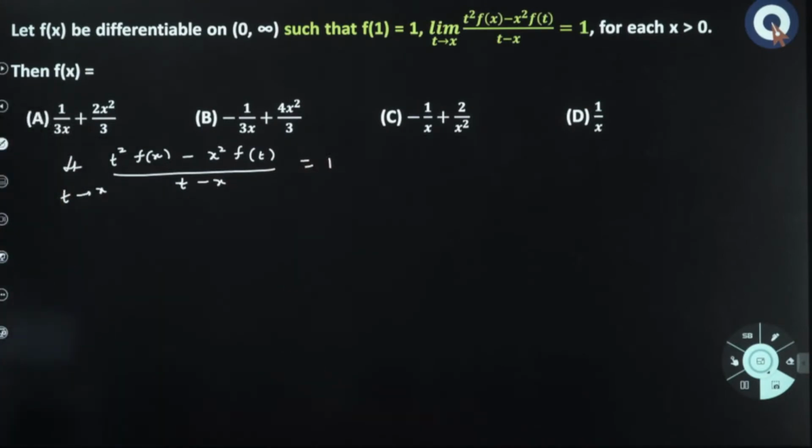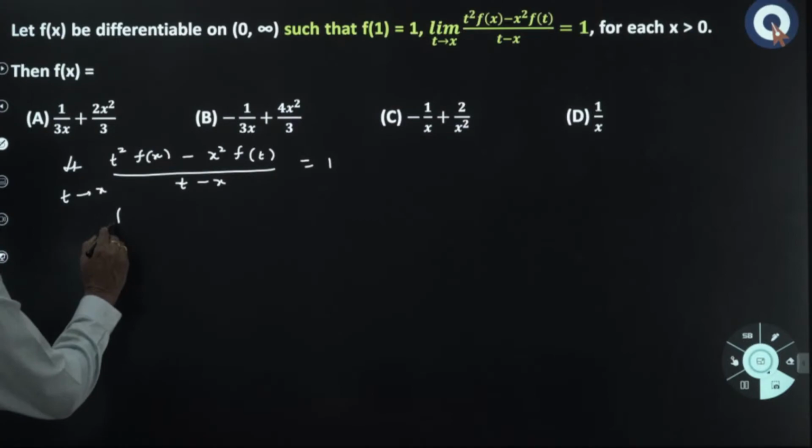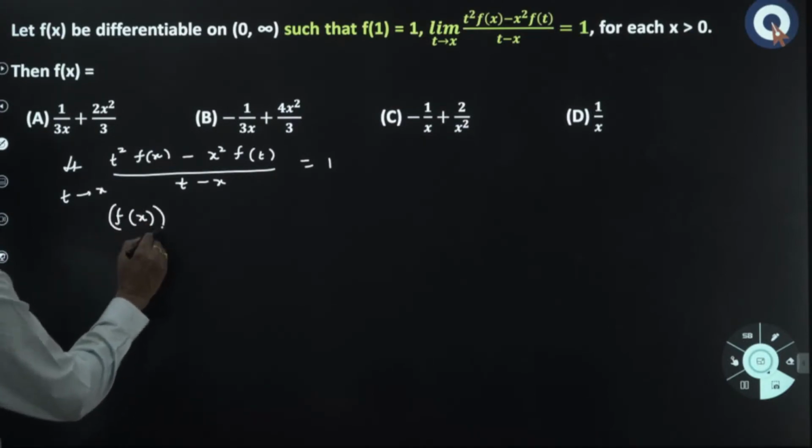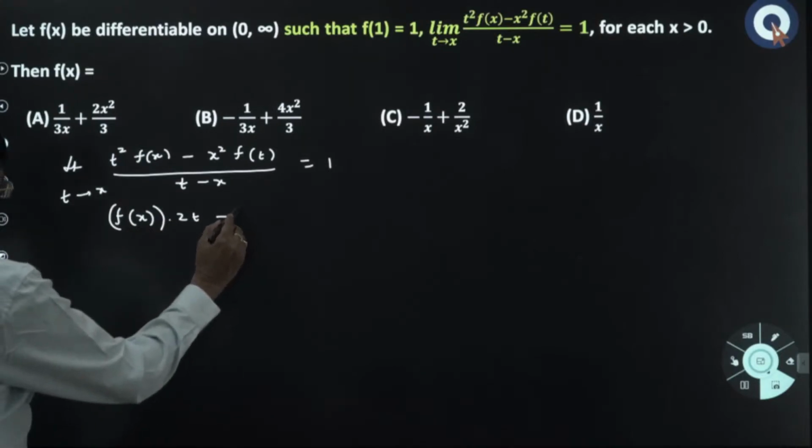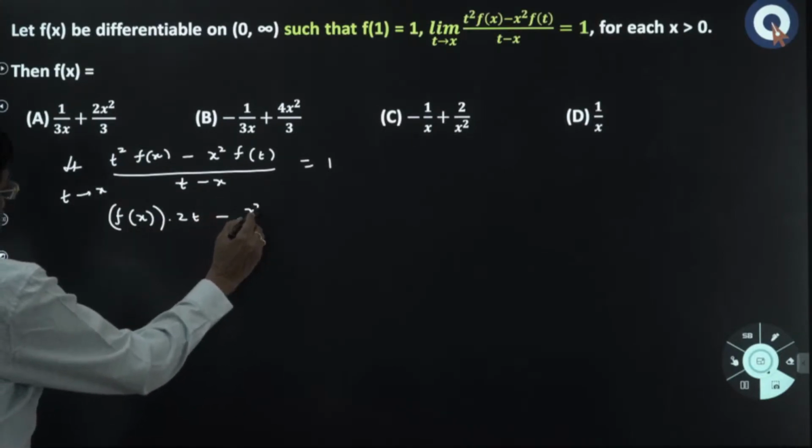Now you can just apply L'Hopital's rule because 0 by 0 form is there, and you can write this, with respect to t of course, as f(x) into 2t minus, with respect to t, of course, x square into f dash t.